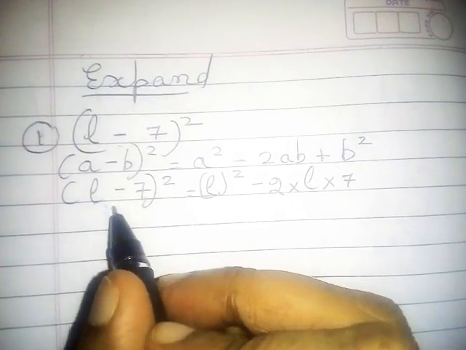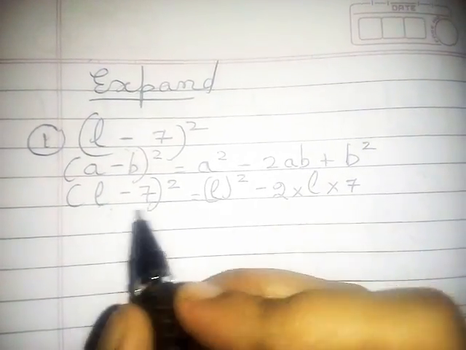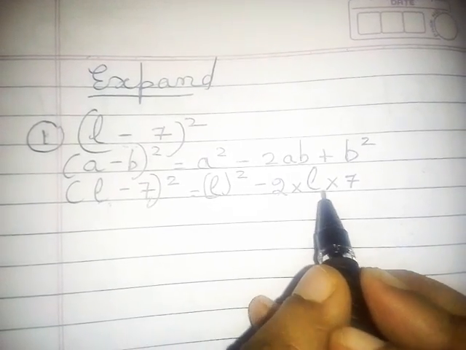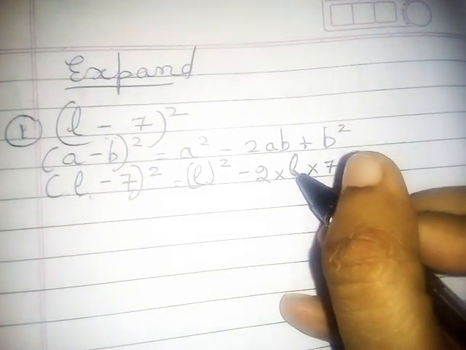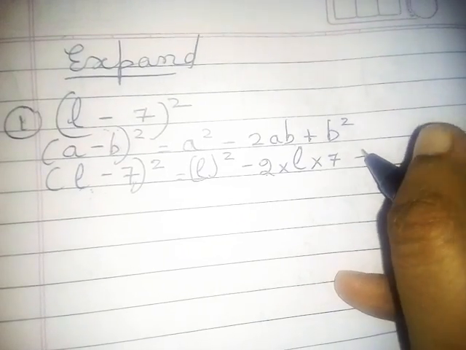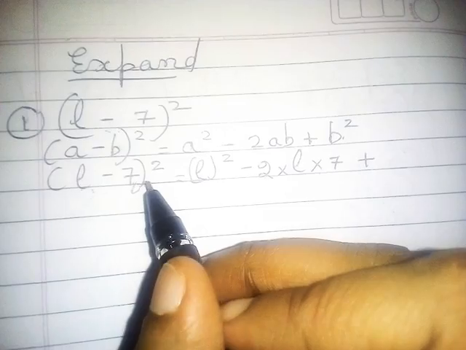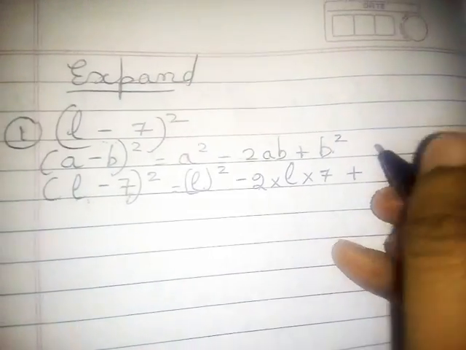Ab means a multiplied by b, that is l multiplied by 7. 2ab means 2 multiplied by l multiplied by 7, plus b² is 7². 7 is in b's place.